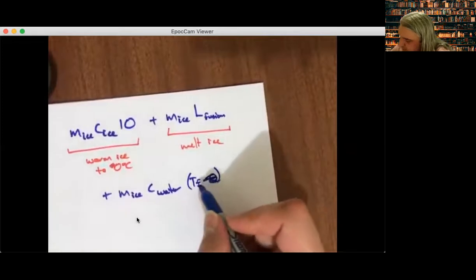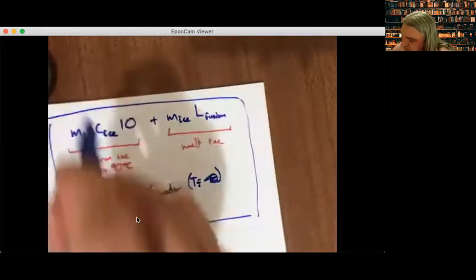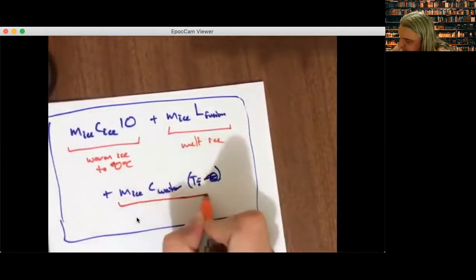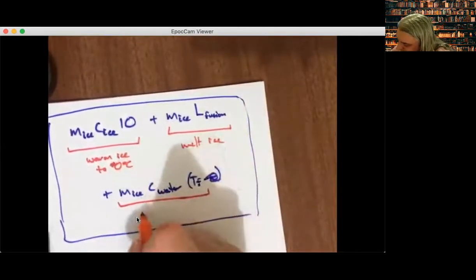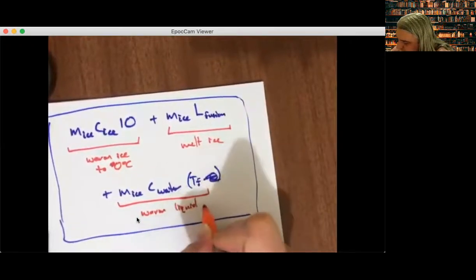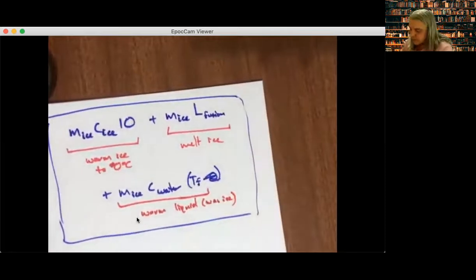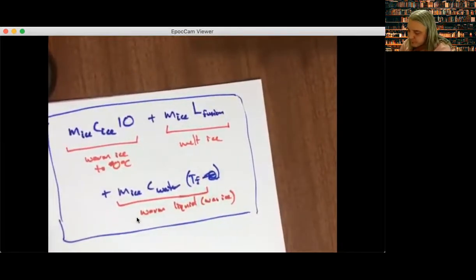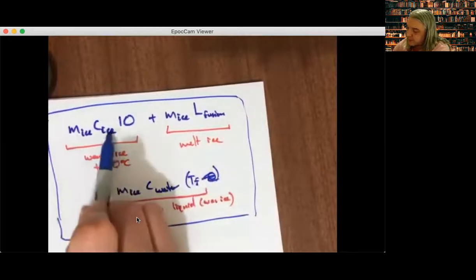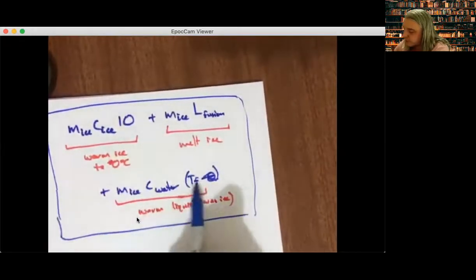So all of that whole thing is our Q into the ice. So it was ice, we melted it, and then we warm the liquid to TF. We have to solve for TF. We know the mass of the ice, C of ice, L fusion, C water. We know all of those terms. This is the only thing we don't know.